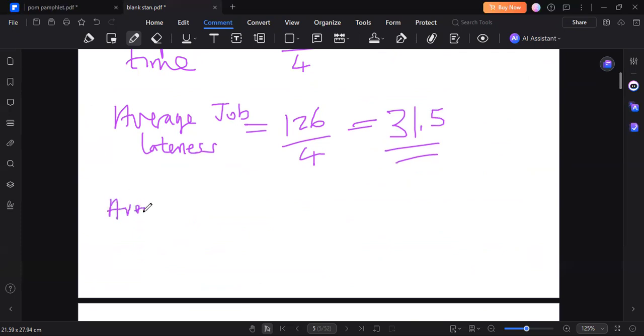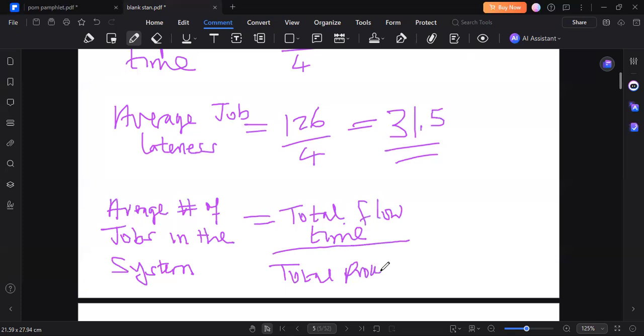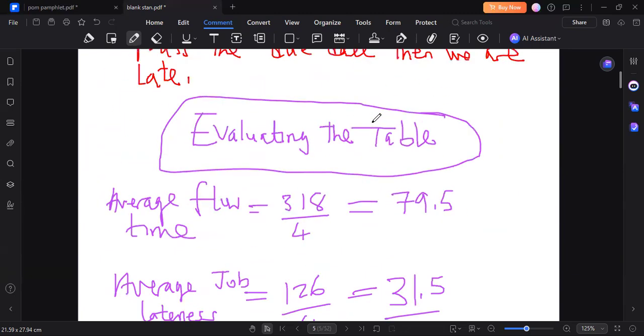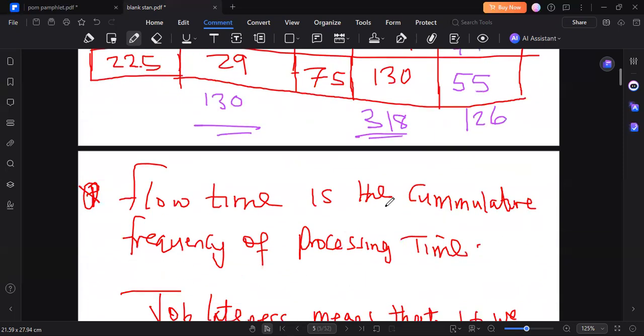Then average number of jobs in the system is equal to total flow time over total processing time. So total flow time is 318 over total processing time 130.